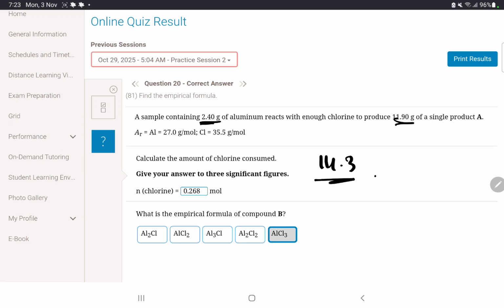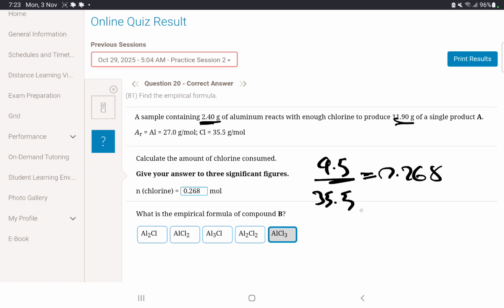Then you divide it by the molar mass of chlorine, which is 35.5. 9.5 divided by 35.5 equals 0.2676, which is 0.268.